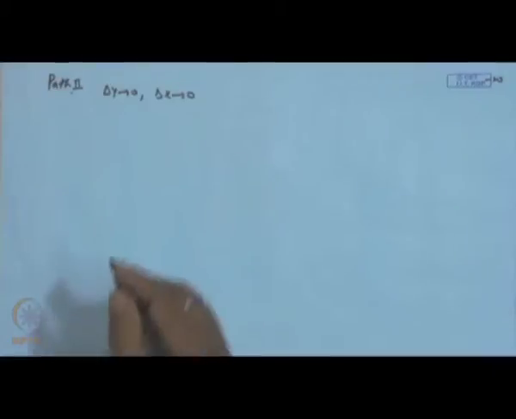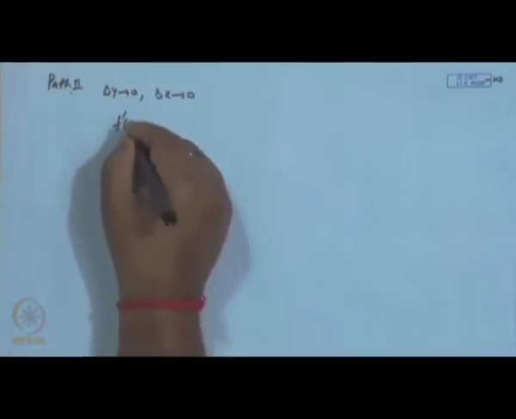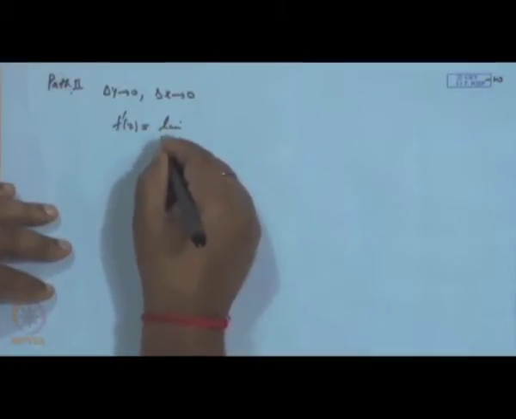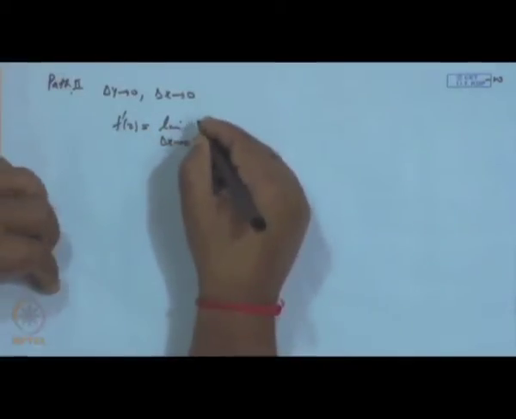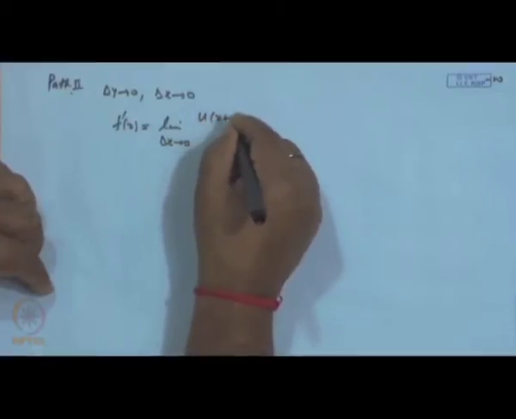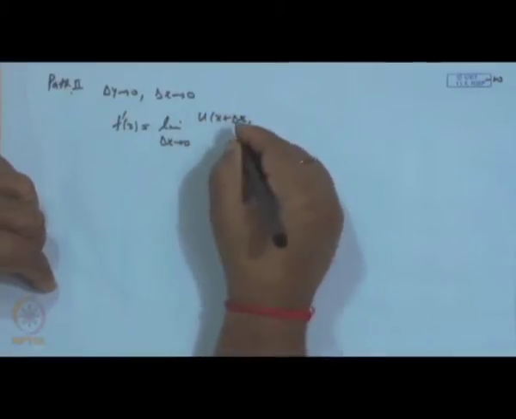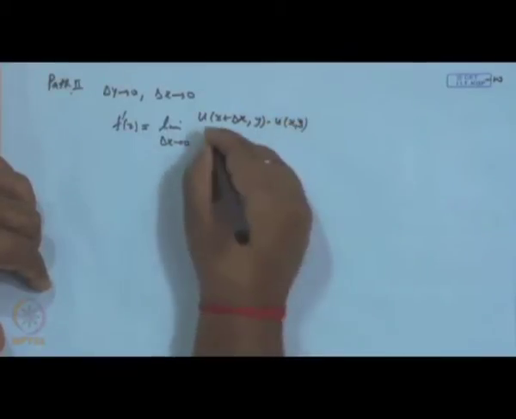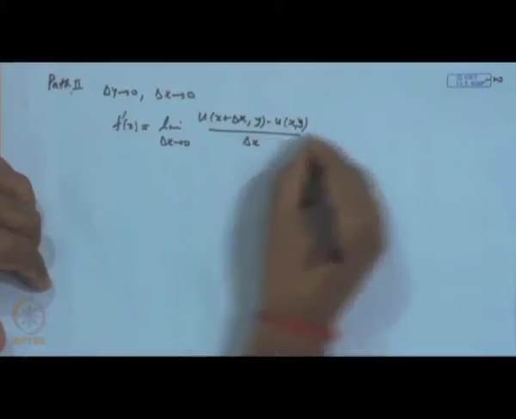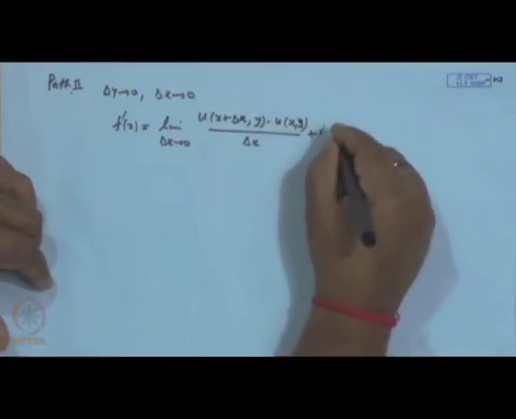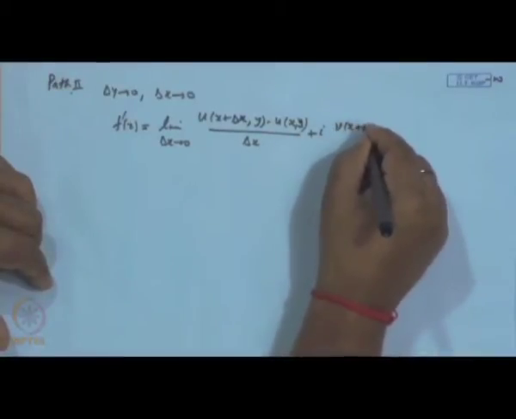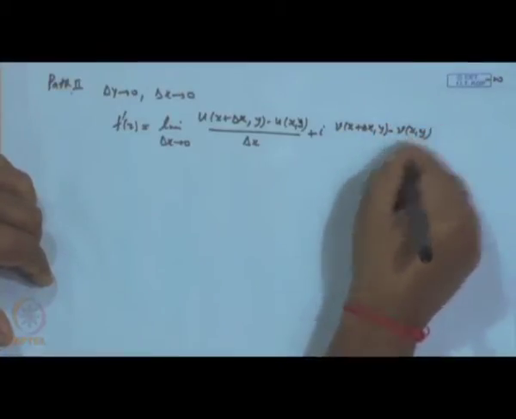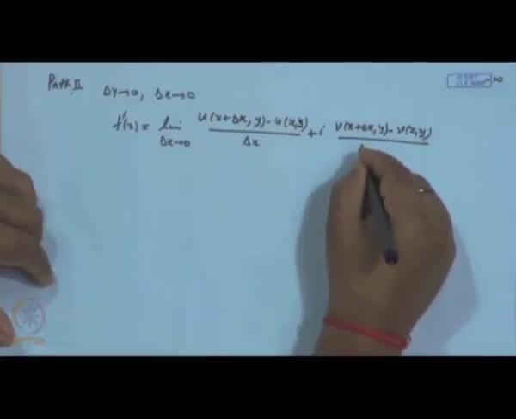Then in that case we get f prime z equal to the limit as delta x tends to 0 of u of x plus delta x, y minus u of x, y divided by delta x, plus i times v of x plus delta x, y minus v of x, y divided by delta x.